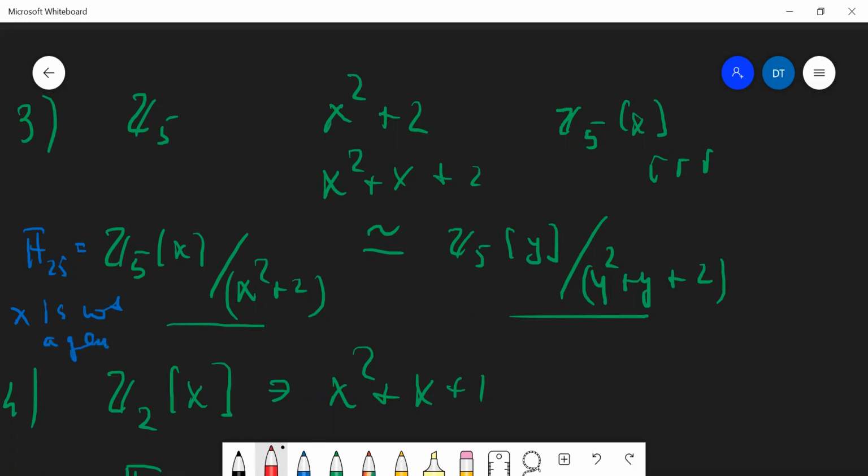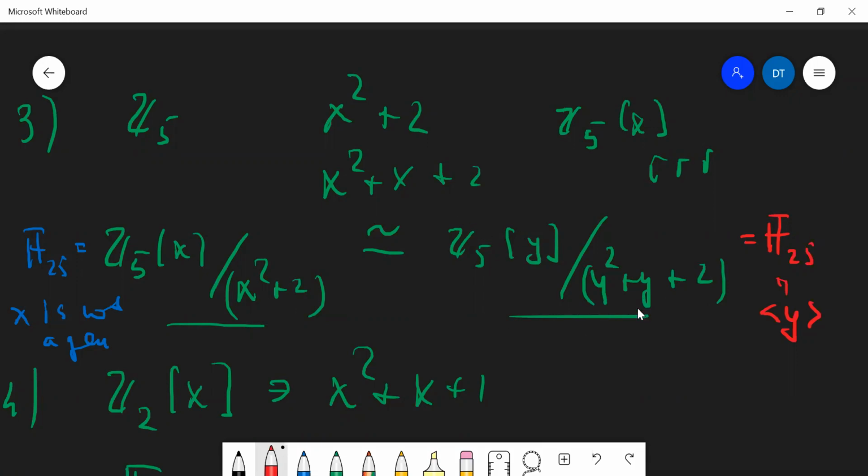But if we produce our field F25 as this, then the element Y is a generator. So sometimes the reason why you prefer this one over this one is because in this case, this element is a generator of the multiplicative group.